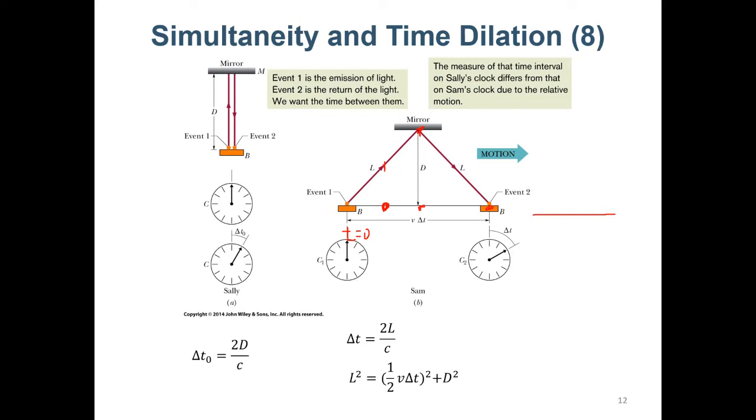Suppose this one is the x-axis. The displacement along the x-axis for the light and for B should be the same at any time. Otherwise, B cannot receive the light when the light comes back.